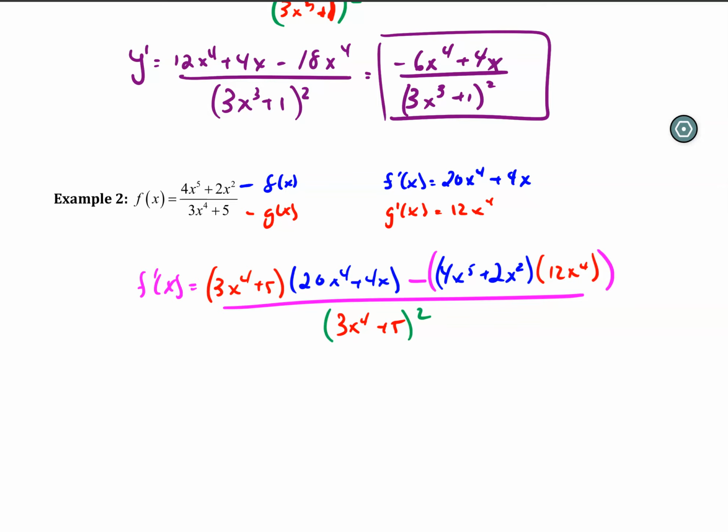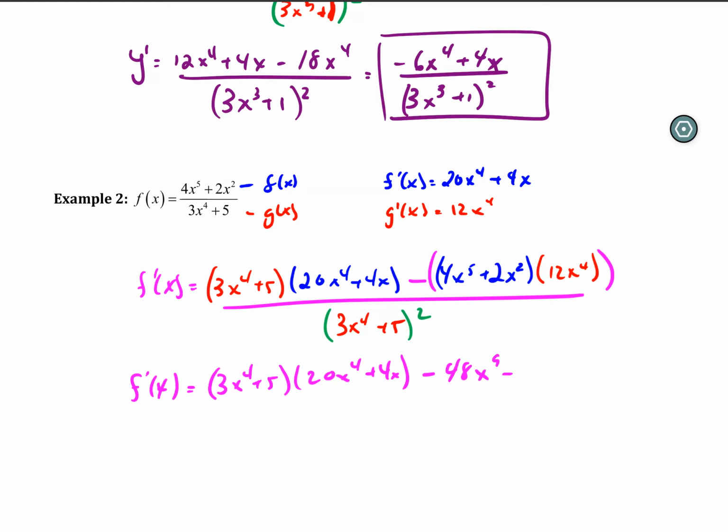So in this case here, not much simplifying can be done. I could distribute the 12x to the fourth and the negative sign. So let's just do that. So this, I'm just going to say leave. There's no reason to go through all of that at the moment. Since I can't simplify the entire thing nicely, just leave that part. We'll do this part though. So I'm going to have 4 times 12, that's 48, x to the ninth.